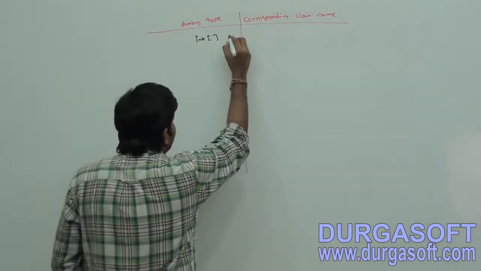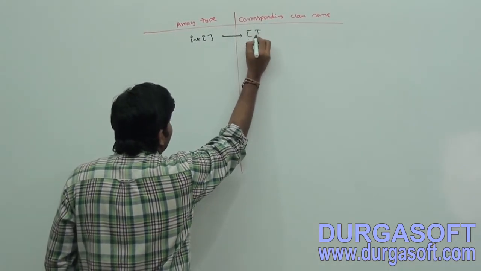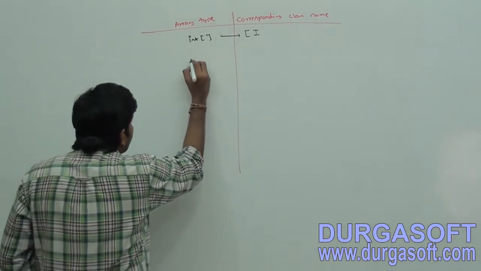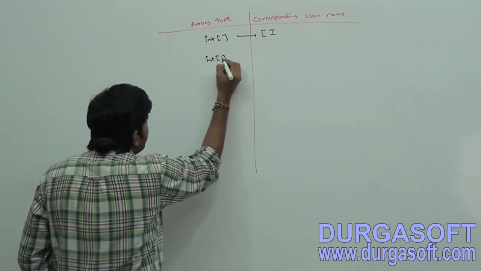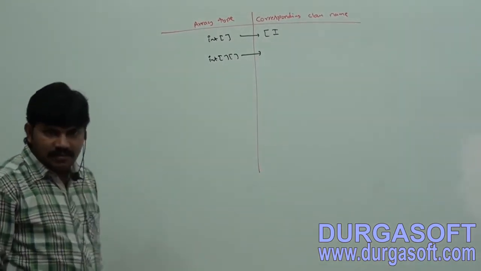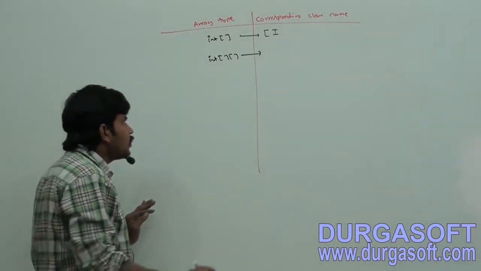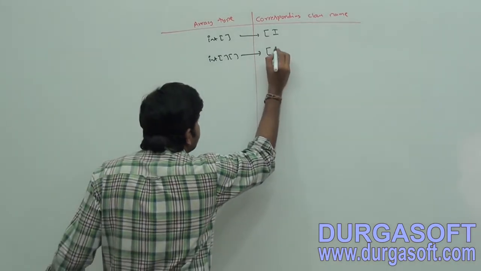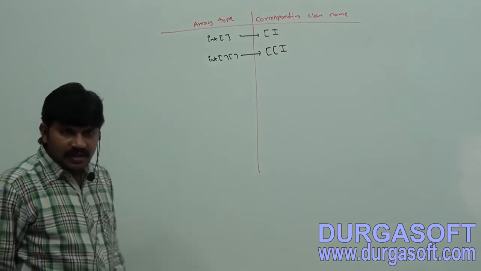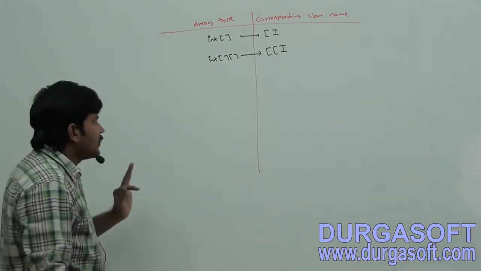Can you tell what the corresponding class name is? Square bracket I, [I. Now for a two-dimensional int array, it is [[I.